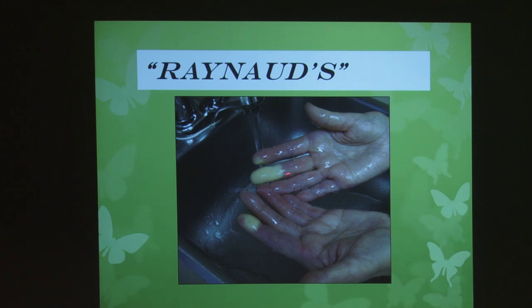You can see a little bit of the bluish right here, and then you'll notice down here it's red. And this red is the rewarming after the blood vessels go into spasm. When they rewarm, blood influxes the area, and you get this red, warm appearance. So you're seeing the initial stage, the bluish second stage, and then the red third stage, rewarming.